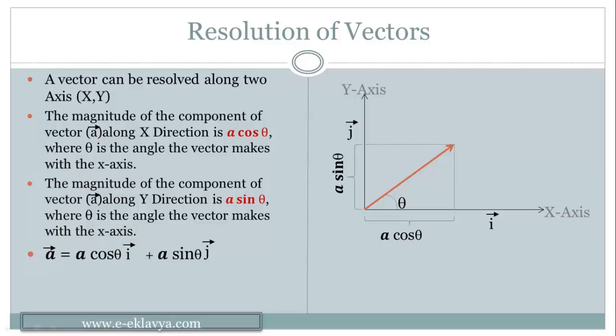When we resolve vectors along two different axes, x-axis and y-axis, you need to understand that the x-axis and y-axis are just two reference axes. That does not mean that you cannot have your own defined axis.